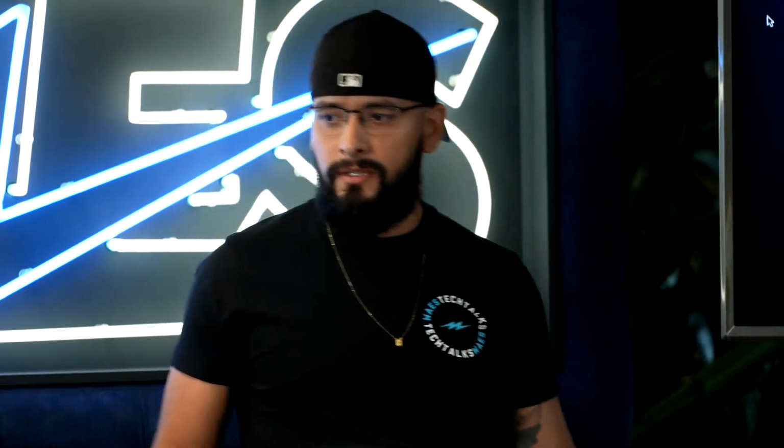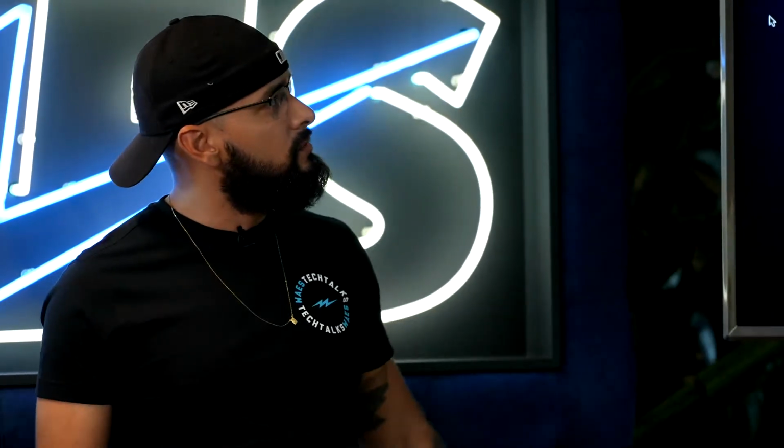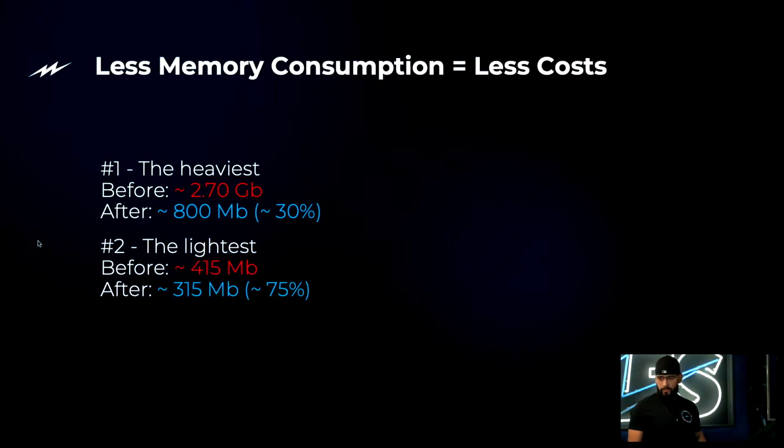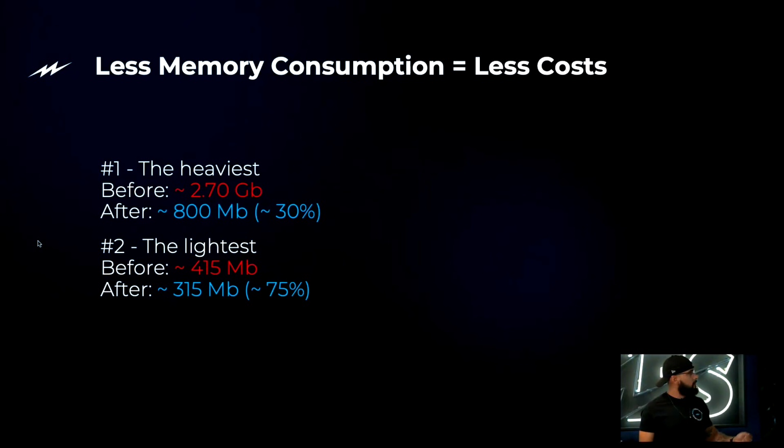So let's show some numbers. As I said, memory consumption, less costs. The heaviest service that I'm going to show here had 2.7 gigabytes in memory consumption. After the migration, we could reduce it to 800 megabytes. So it's using almost 30% of what it was using before. The lightest one went from 415 to 315, so 75% only.